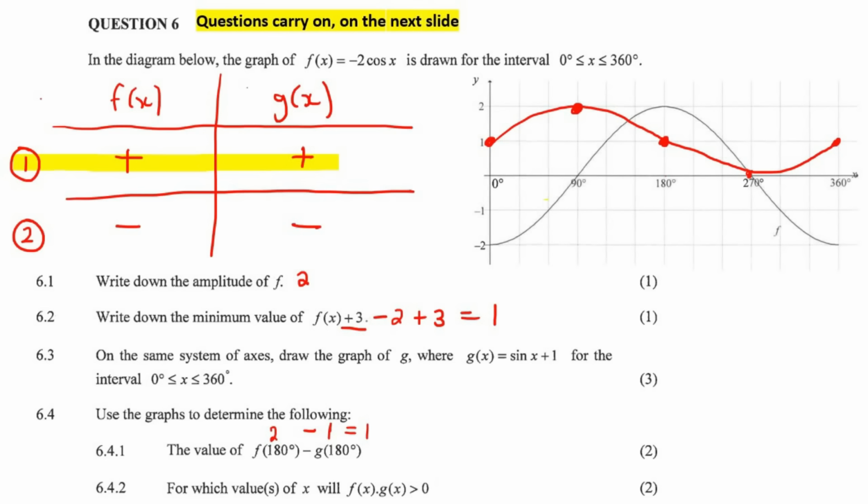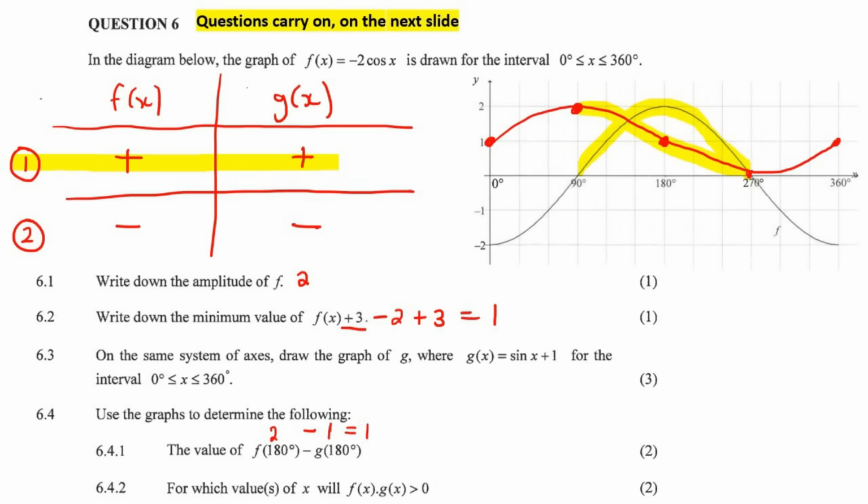So that would be that area over there, because in that area, both of the graphs have positive y values. Can you see that? As soon as you go past this point, this graph becomes negative. And as soon as you go this way, this graph becomes negative. So that is where they are both positive.